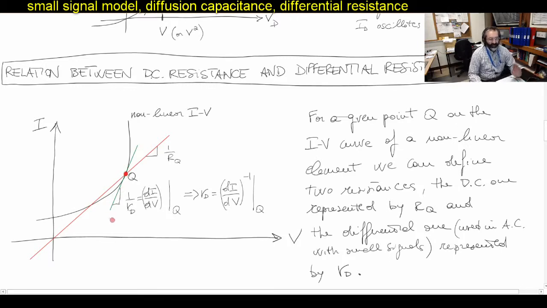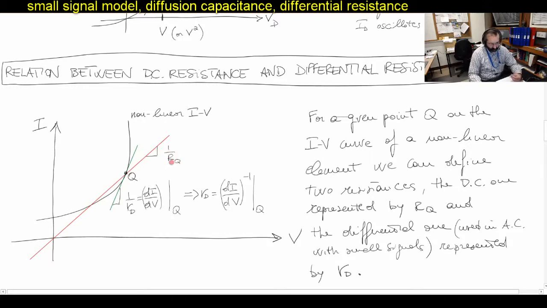The DC resistance corresponding to this point on the curve is effectively represented by the slope of the red line, which is the line that goes through 0, 0 on this plane.